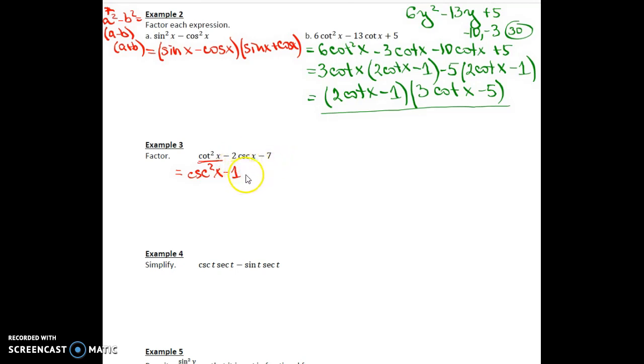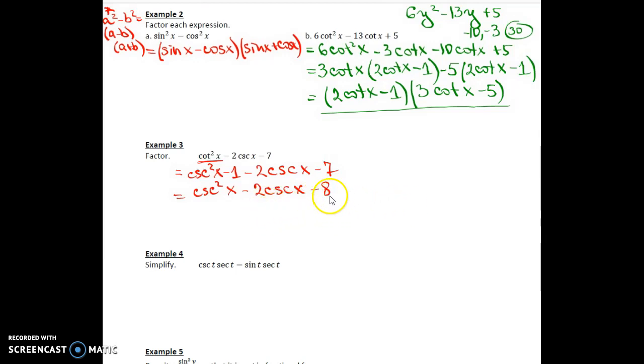And then I have to copy over the remainder of my expression, which is minus 2 cosecant of x minus 7. Now I would take a look and see if there's anything I can simplify. Well, I have cosecant squared of x minus 2 cosecant of x minus 8.